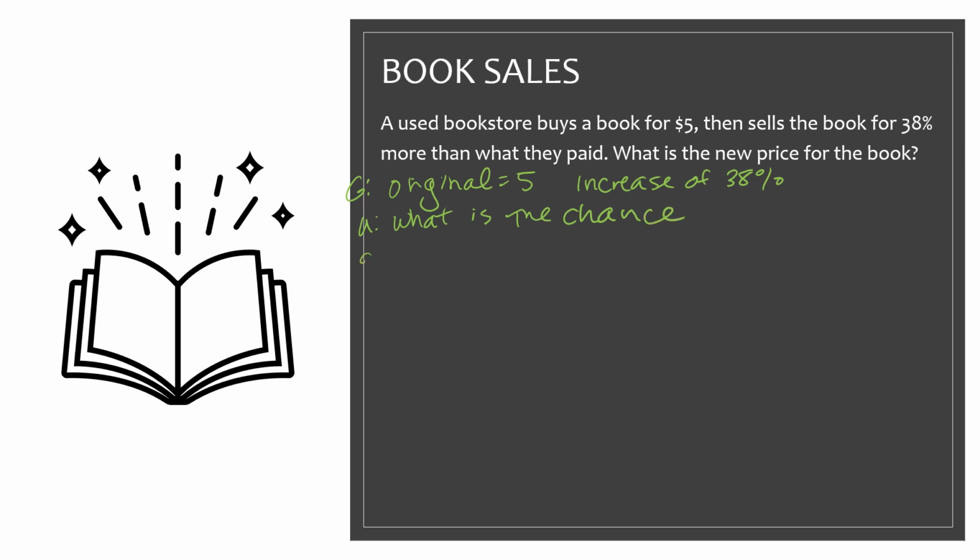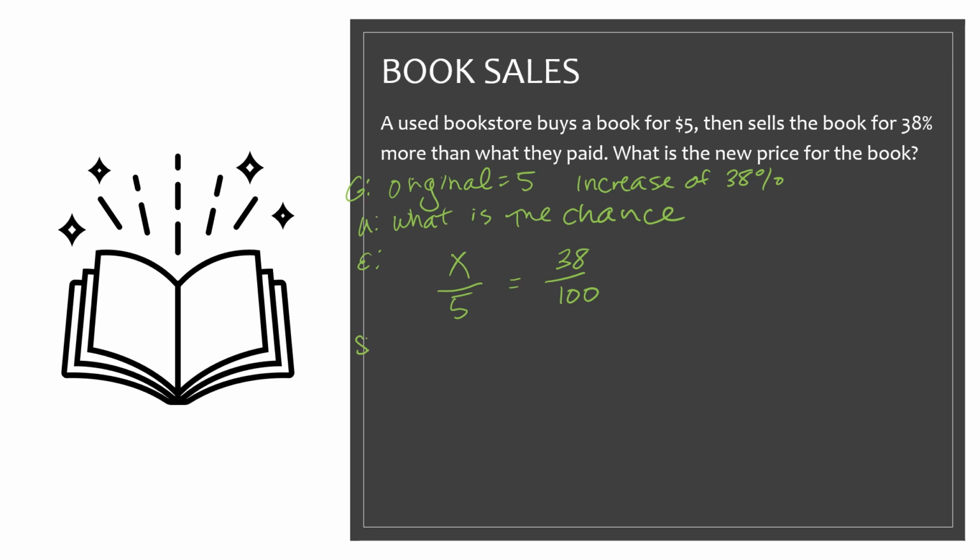Okay, so let's go to our equations here. So I'm going to say, well, I know the percent. It's 38 over 100. Before we were solving for percent, so now I'm a little nervous, but I'm gonna go with it. I have the original, and looking at this, I know that it's supposed to be change over original. So I'm just going to say change over original. Oh, okay. Now it looks like something I could do.